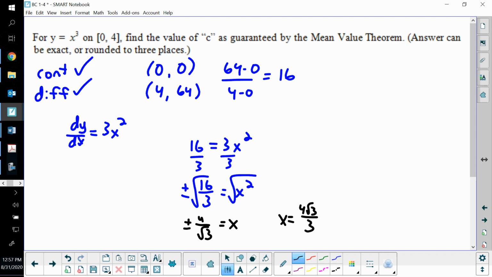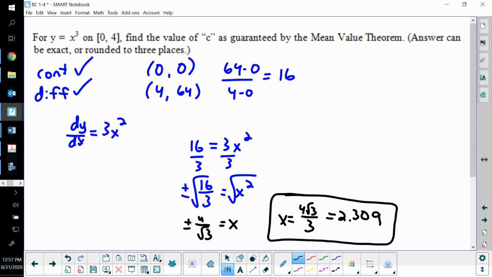Now, we can get rid of the negative because it's not on the interval. And so you could either give that as an answer or to 3 decimal places, 2.309. Remember the AP rounding standard is to 3 decimal places.